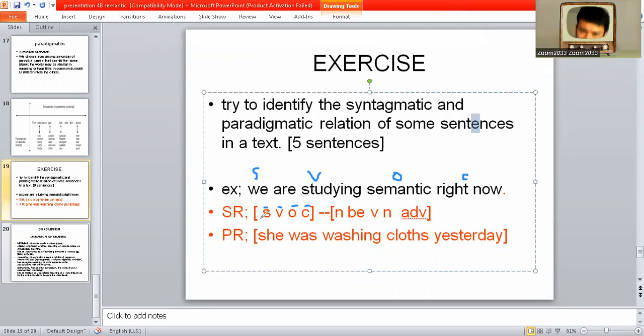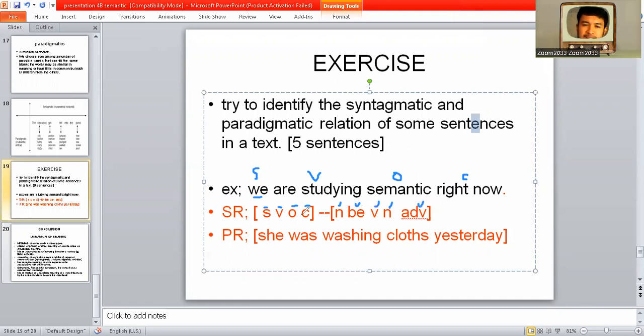So to make the syntagmatic relation clearer, we break it down. Okay, we as a what? This is a noun. Good. So what about are studying? Are as a be, to be, right? And studying as a verb. And semantic as a noun. And right now as an adverb.